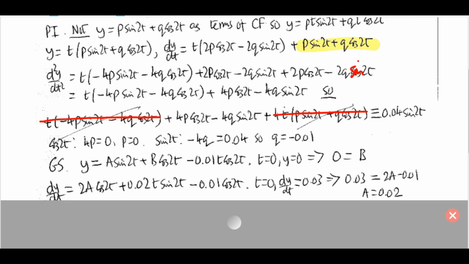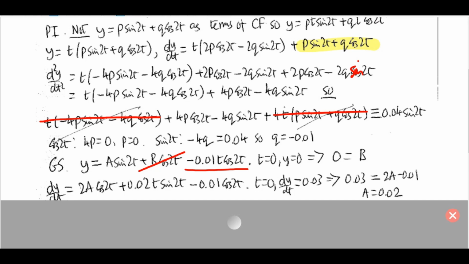Then, to work out a, we've got to use the fact that we know what initially dy by dt is. So if you differentiate this, you're going to get 2a cos 2t minus 2b sine 2t. That term is just 0 already because b is 0. If you use the product rule to differentiate minus 0.01 t cos 2t, u times dv is minus 0.01 t times minus 2 sine 2t, so that gives you 0.02 t sine 2t.